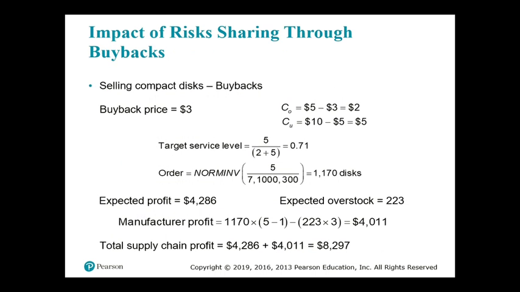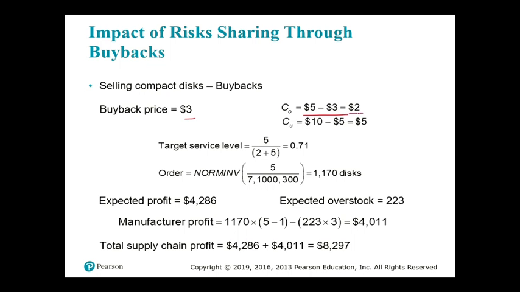So then simply for the retailer now, since the buyback price basically becomes the new salvage cost for the retailer, right? Then the overage cost becomes 5 minus 3 instead of 5 minus 0.